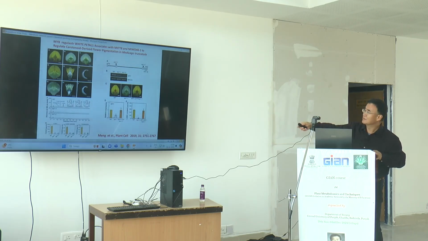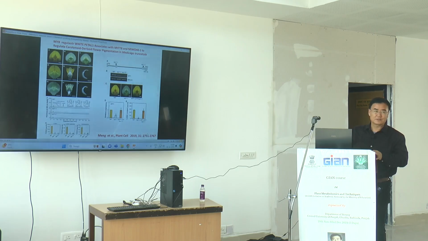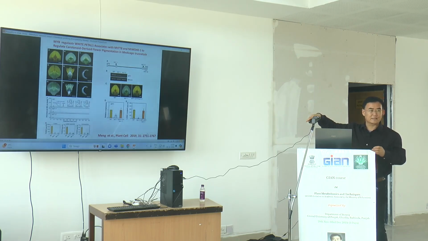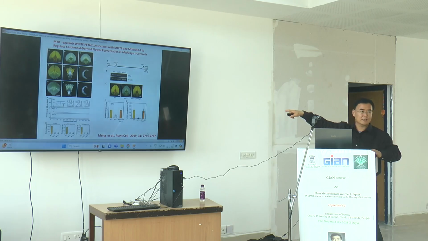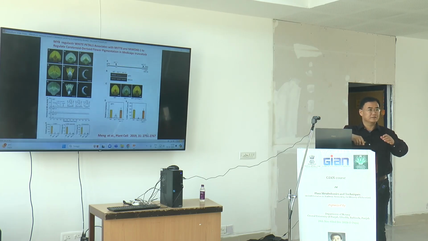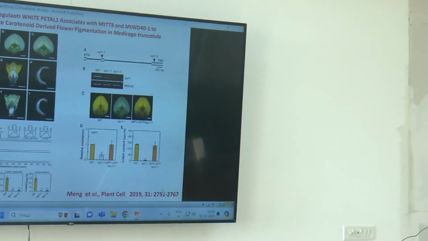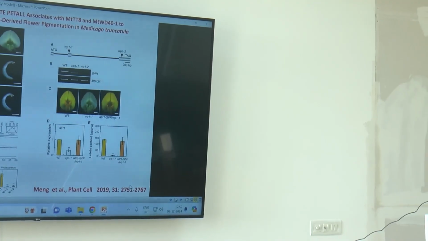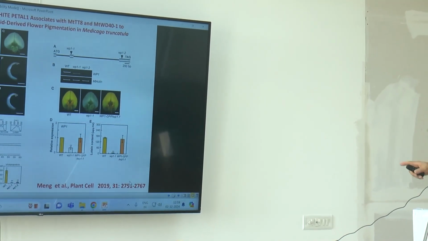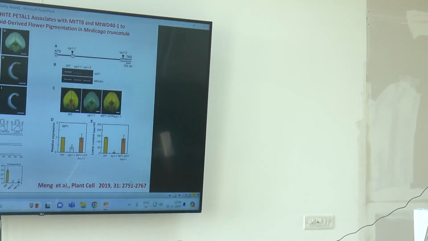First they used the mutant and found that the defect of this MYB transcription factor mutation causes the flower color to change. They did metabolic profiling and found flavonoids also changed, but the major change is carotenoid, because the lutein decreased dramatically.